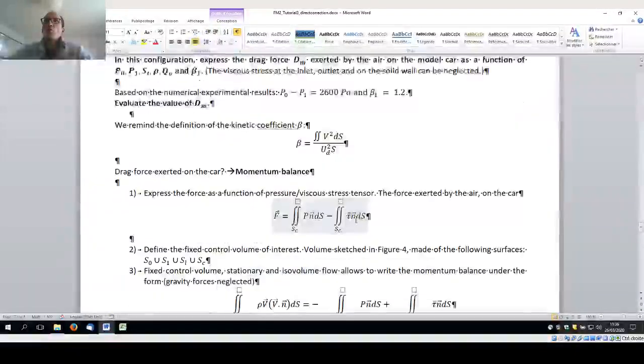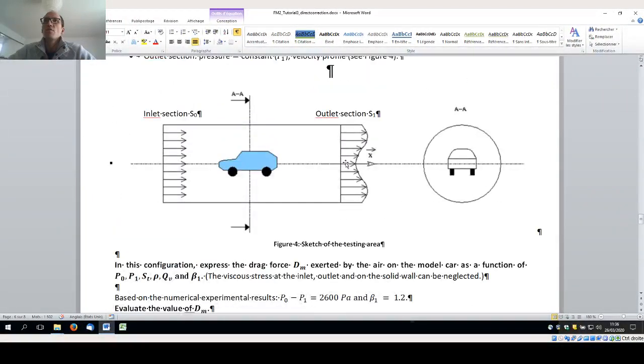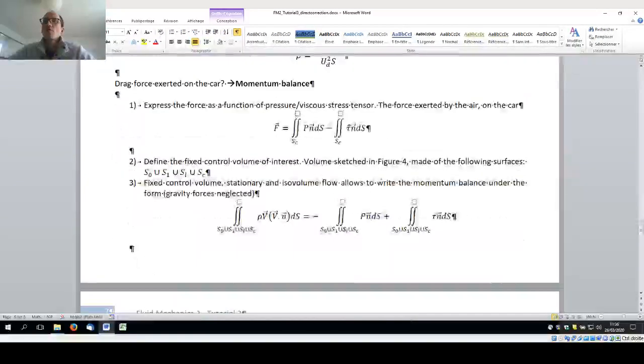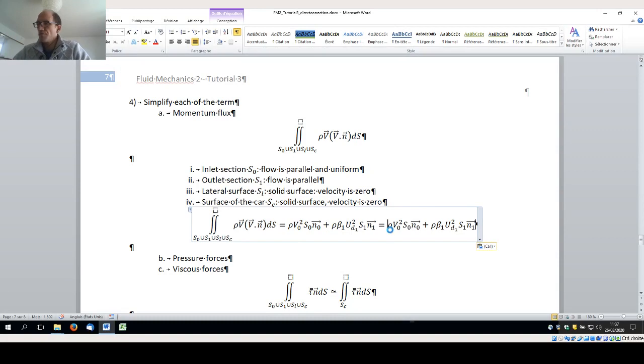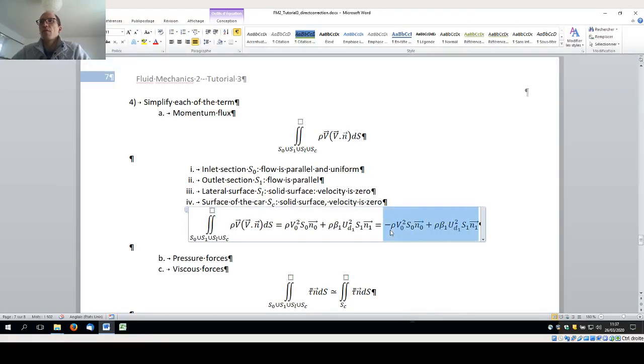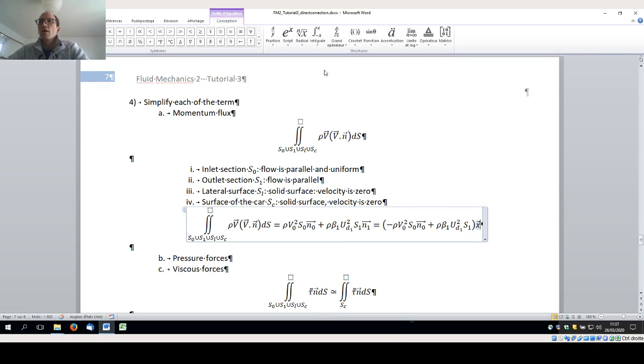The normal on the inlet is minus x, and on the outlet it's plus x, so we can just write it along x.